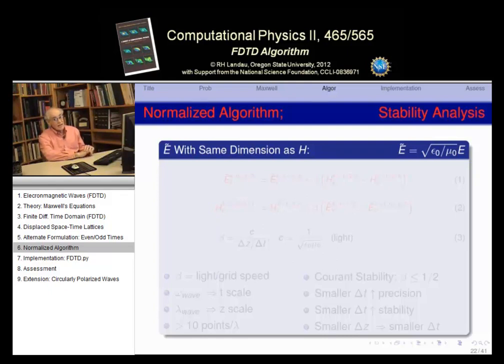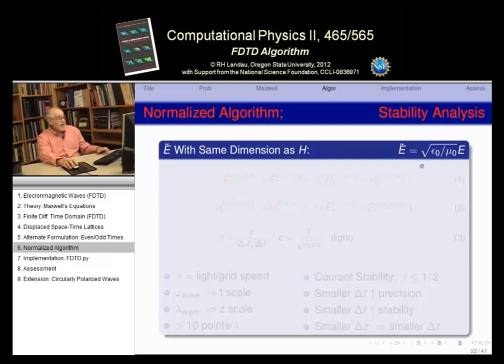It also makes the stability analysis, which we'll talk about, a little more straightforward. So we'll define a new electric field, E tilde, over here. And that's just the square root of epsilon 0 divided by mu 0 times E. So it's really something like the speed of light, but it's not the speed of light because they're in the wrong order. So it's making the electric and magnetic fields the same magnitude.